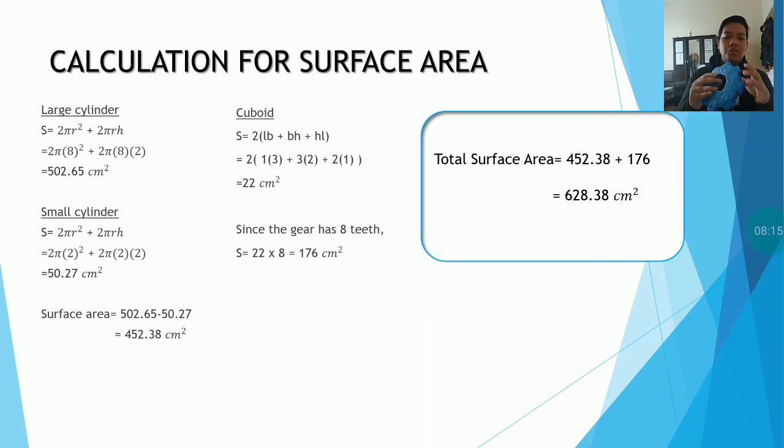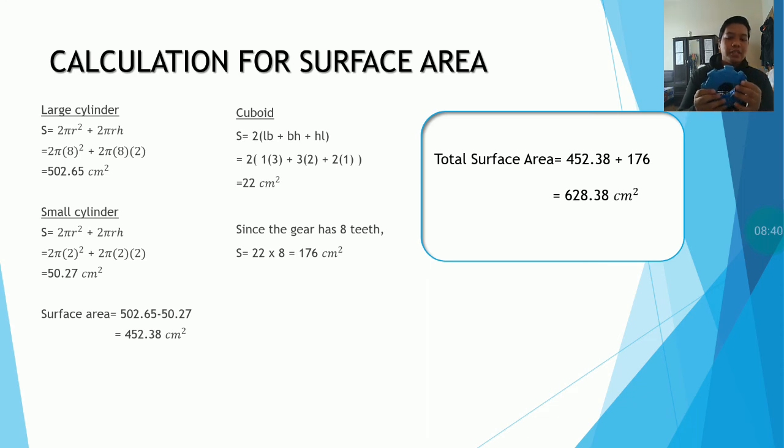Okay, so to find the surface area for the cuboid, or the teeth, for each tooth I use the formula where the surface area equals 2(LB plus BH plus HL), where L is the length, B is the width and H is the height.